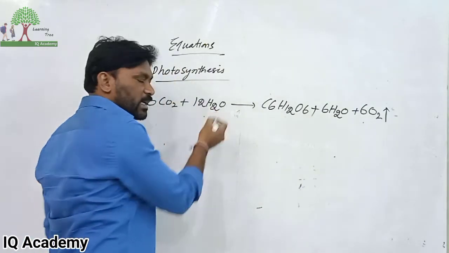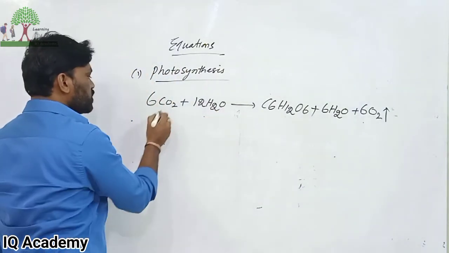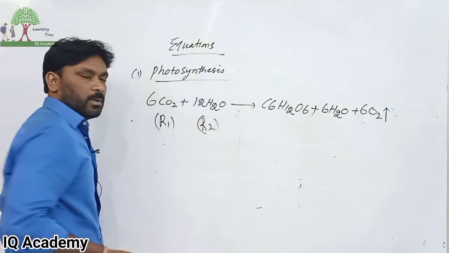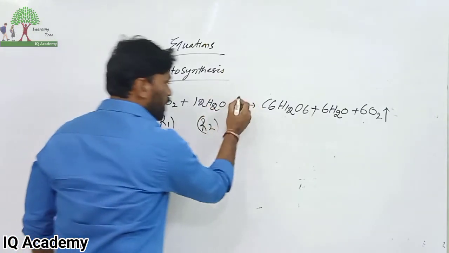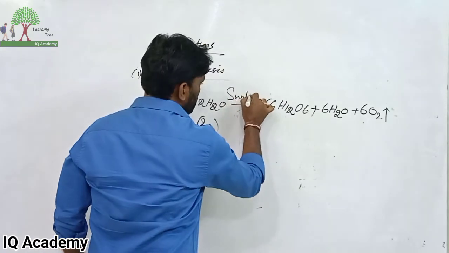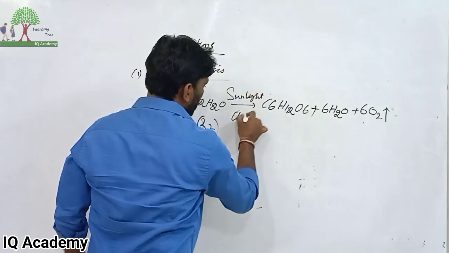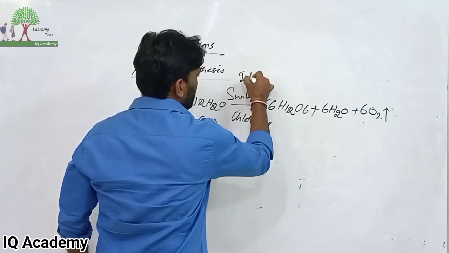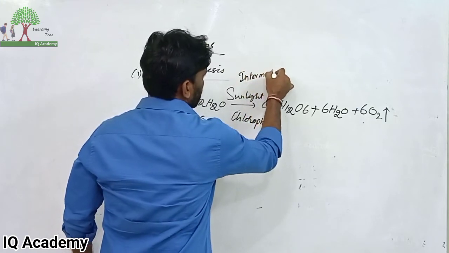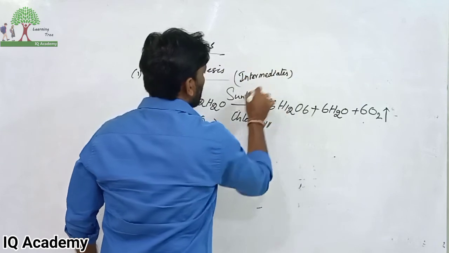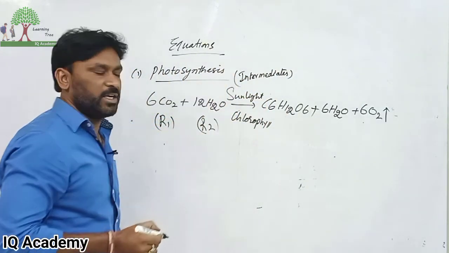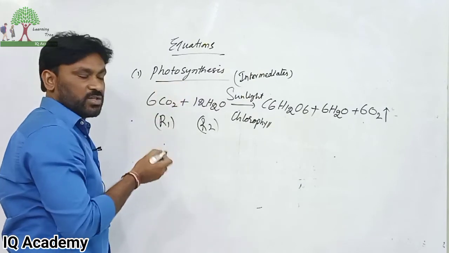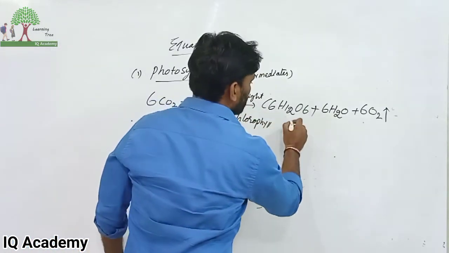Carbon dioxide and water are called reactants. In the presence of sunlight and chlorophyll, these two are called intermediates.